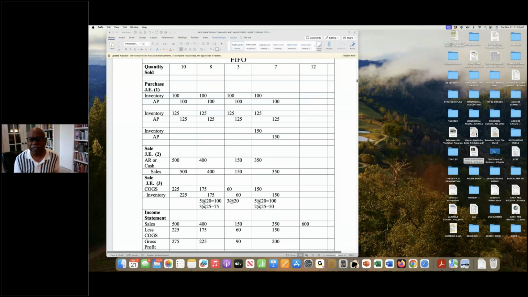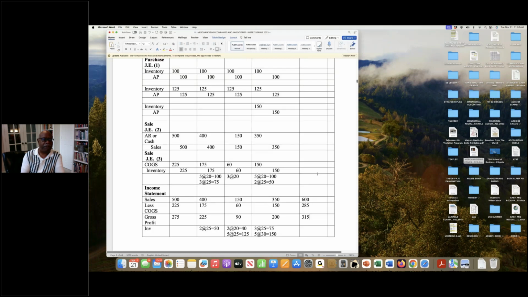Inventory 285 and gross profit 315. Anybody else get this?